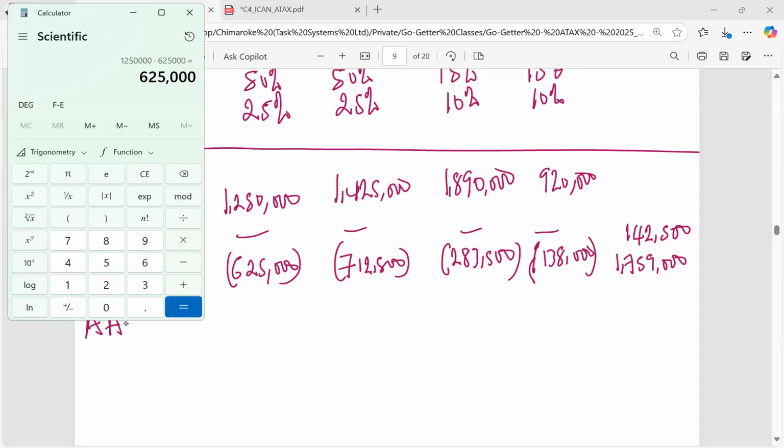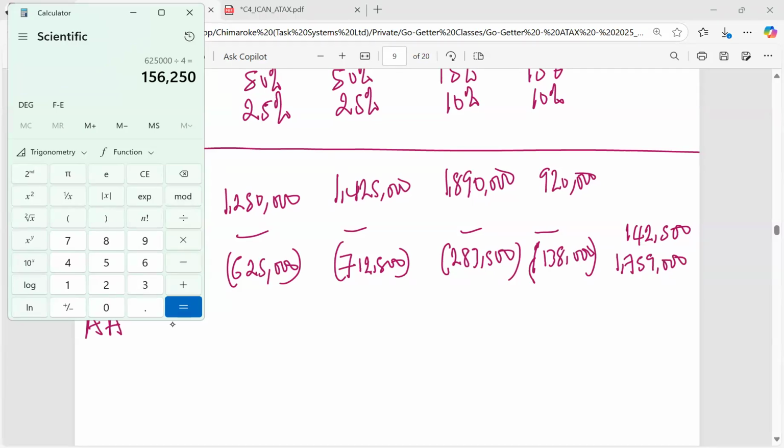How do we know? We learned that for you to know the number of years, it is 100 divided by the annual allowance rate. So 100 divided by 25 is 4. So this 625,000 remaining is going to be claimable over 4 years. So I'm going to divide by 4. That means this is the amount for 1 year. 156,250.